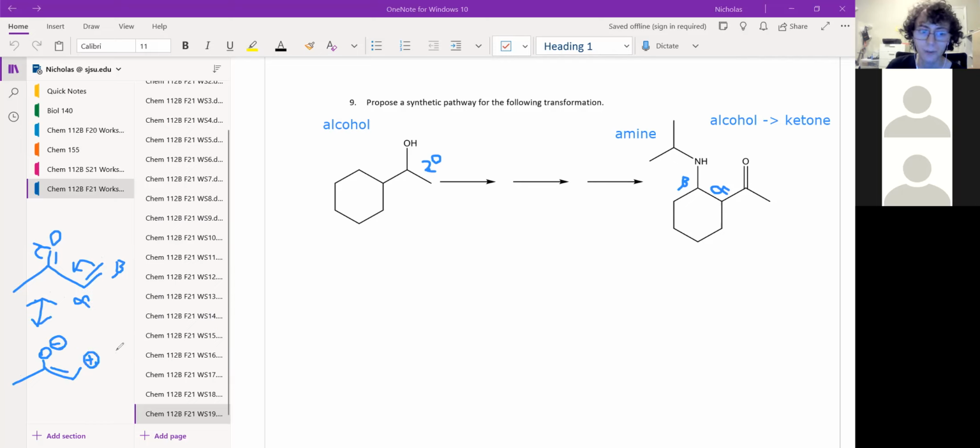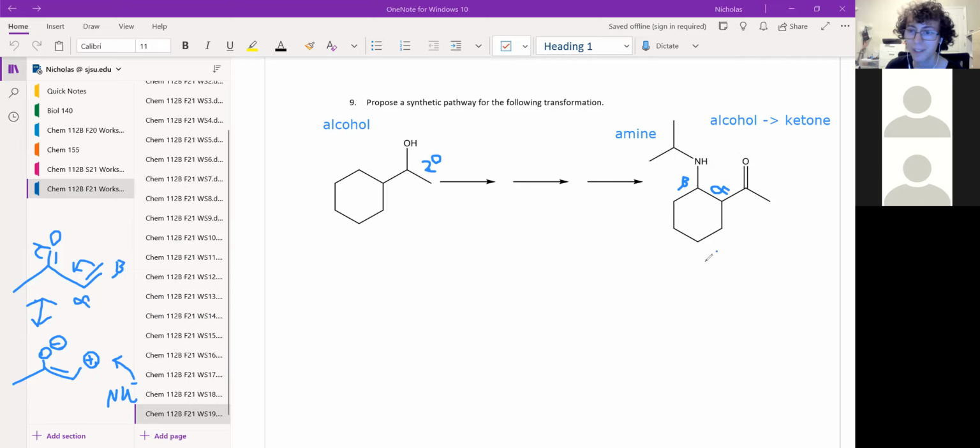It puts a positive charge on the beta position, and then most nucleophiles will add to the beta position. Well, we have an amine, which can act as a nucleophile on the beta position to the ketone.